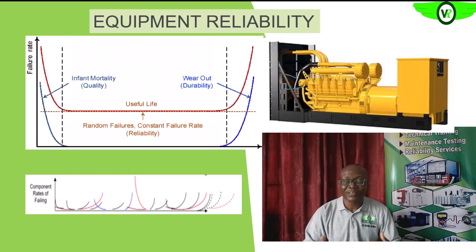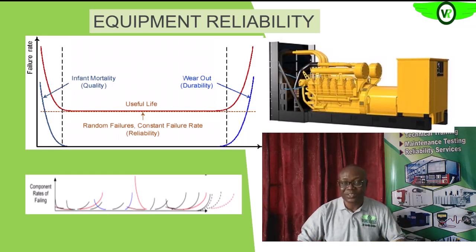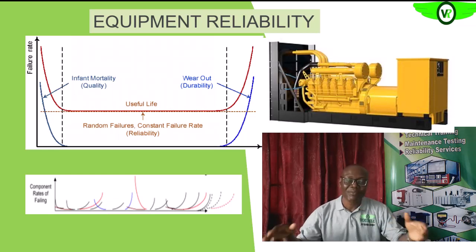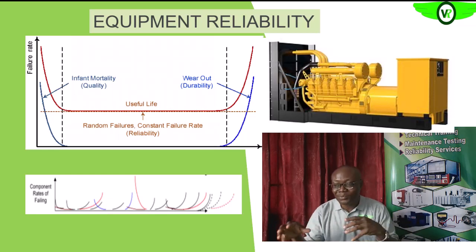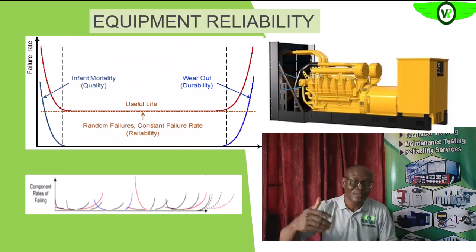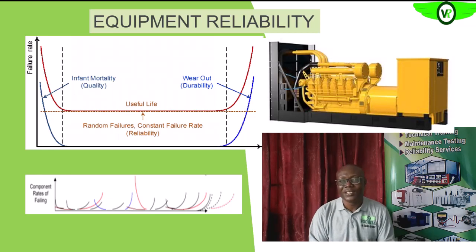Then we have the piston rings, the gasket on the top cylinder, the top cylinder, the valves, and other components. You see that these various components are subjected to different stress levels as the diesel engine, or the reciprocating engine, is operating.